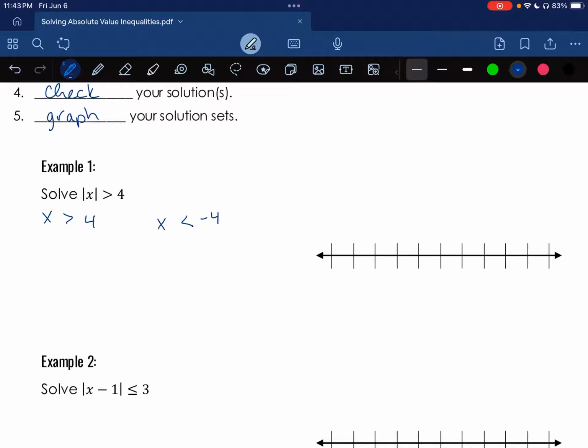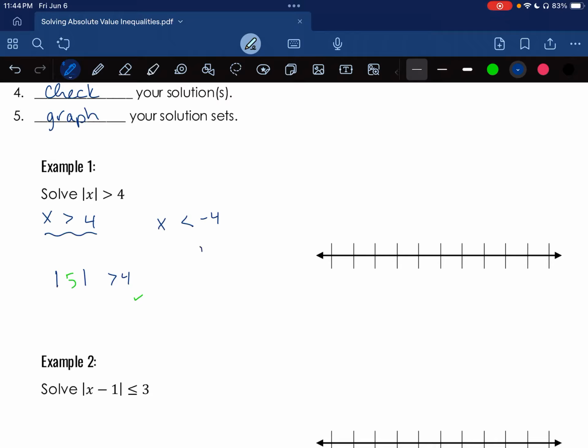All right, so in terms of checking our work, we could think what would happen if I plugged in a number that is bigger than 4. So let's say I plugged in 5. Does that work? Well, yeah, it does. So that one's good.